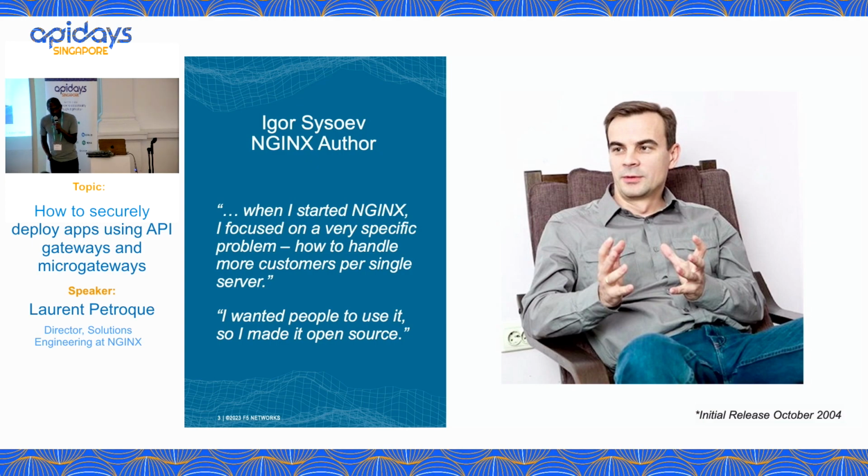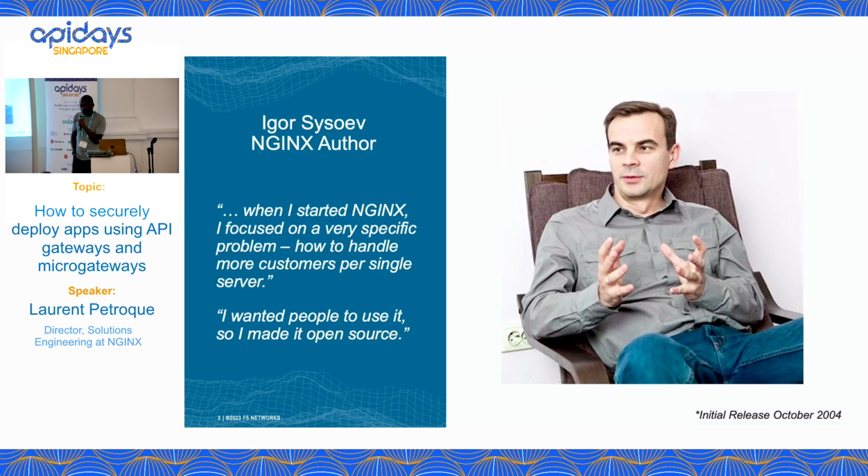He was working for a website in Russia and was facing a lot of challenges maintaining the availability of the web servers. With 10,000 concurrent connections, web servers like Apache were just crashing. He was fed up with waking up in the middle of the night and restarting servers. Therefore, he created that technology.